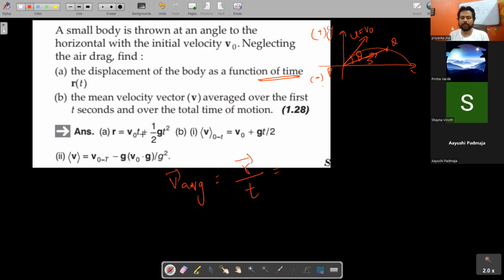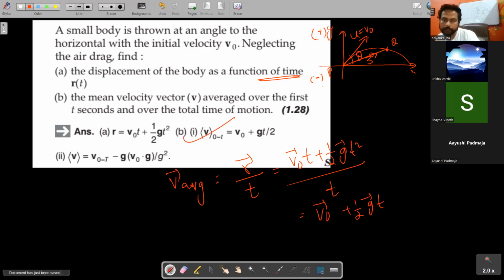Displacement is this much, just now we proved, V naught vector. In Irodov, they have a different way to write a vector: if they write in bold, it means it is a vector quantity. So V naught t plus half g t square upon t, t cancels. V naught vector plus half g t. Matched? Yes, matched. Note it down.